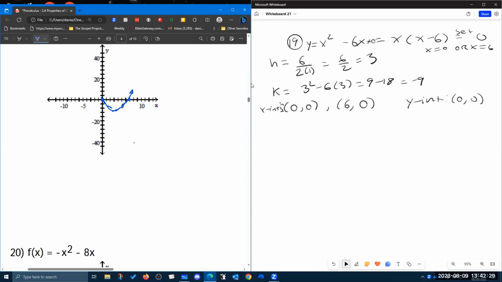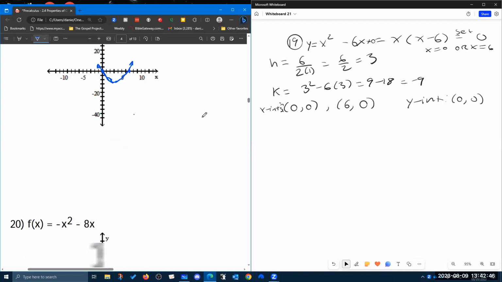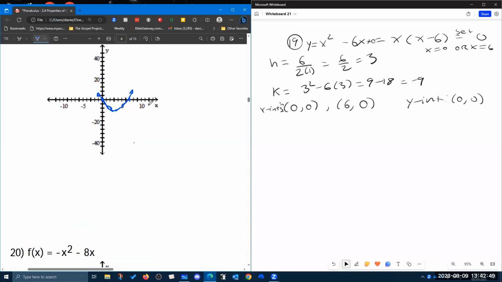This one is looking a little strange because the x-axis and y-axis are not to the same scale. You see that this one is going all the way up to 40 and negative 40 on the y, and it's only going to negative 10 and 10 on the x. So that's why we're getting some distortion there.